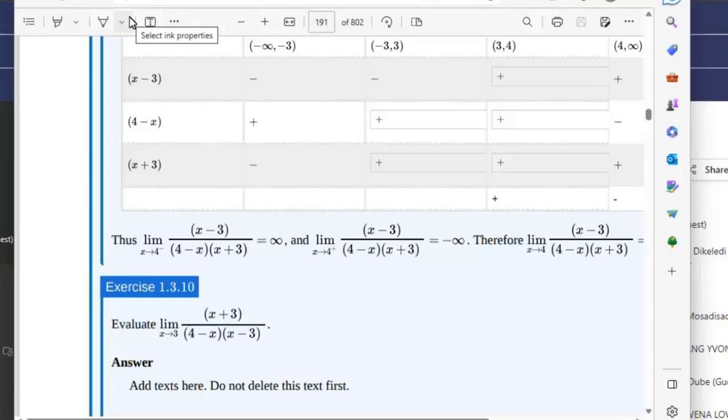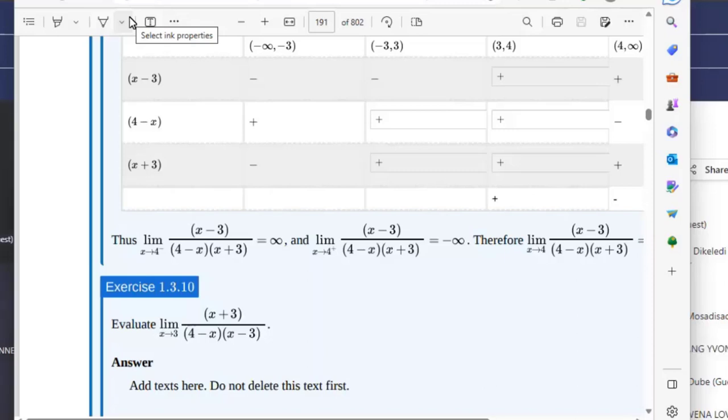Yes, sir. Then we have this situation where the first number is positive, the next number is negative. Positive times negative gives us a negative. Do we agree? Yes, sir. So do we agree that when x approaches 3 from the left, we get negative infinity? Agreed.